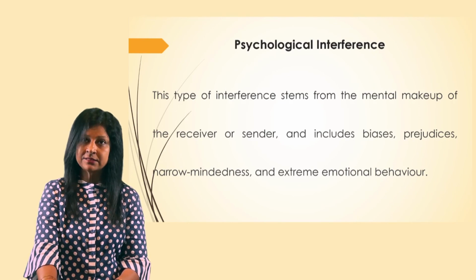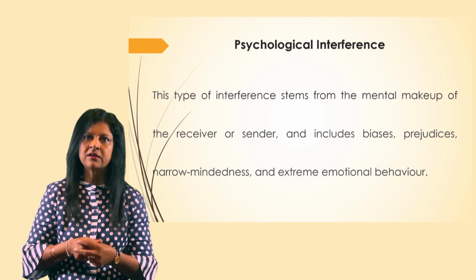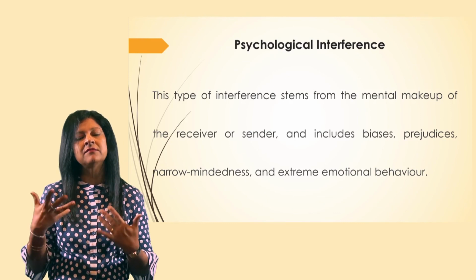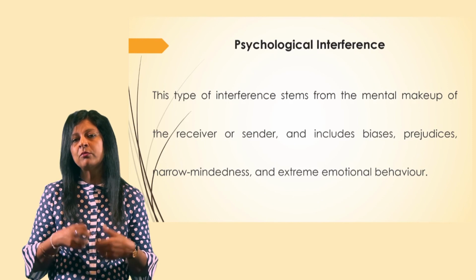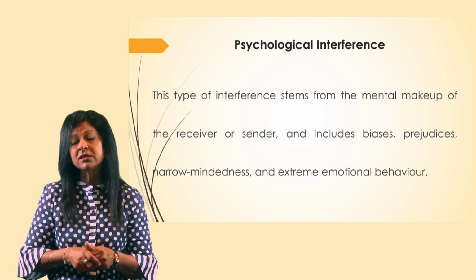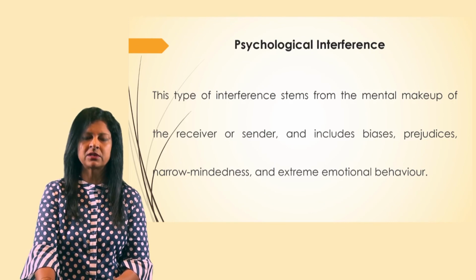And if you take the psychological, this type of interference includes the mental makeup of the receiver or the sender, such as biases, prejudices, narrow-mindedness, and extreme emotional behavior. So these are psychological interference.